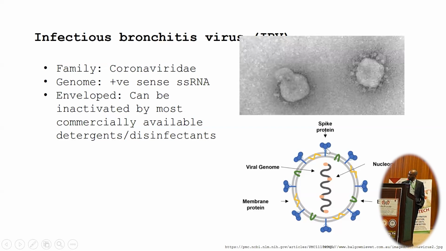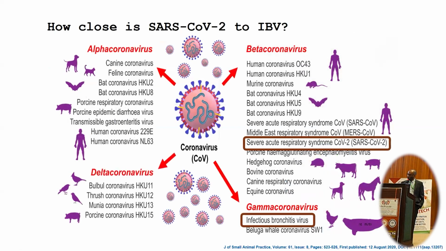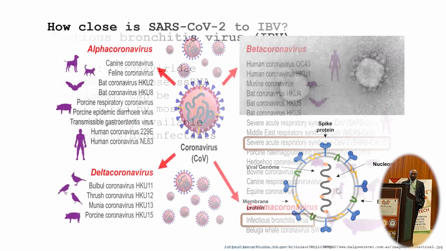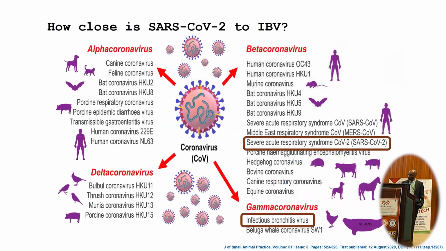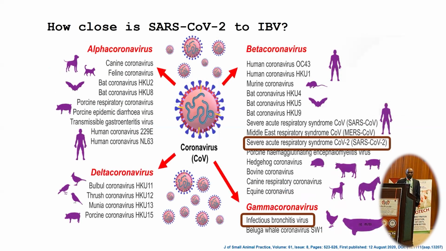One is the spike protein, the membrane protein, or the M, then the nucleocapsid protein, or N, and the viral genome. The avian coronavirus belongs to the genus gamma coronavirus, which is quite distant from beta coronavirus, where the SARS coronavirus and MERS coronavirus belong.